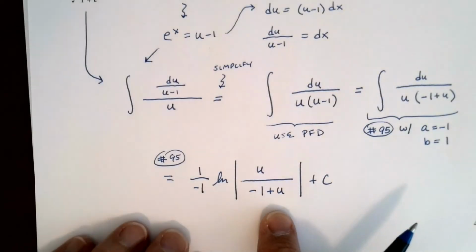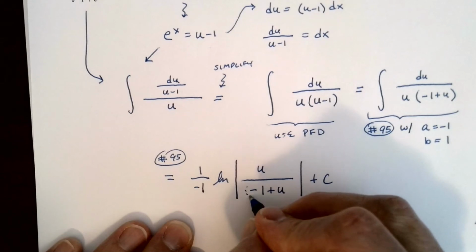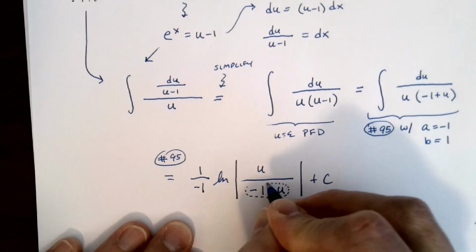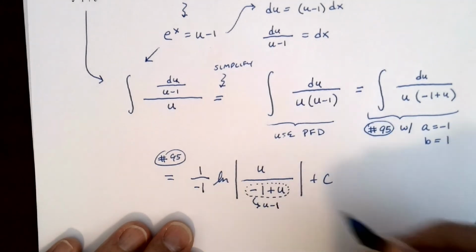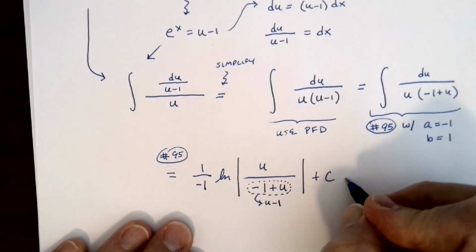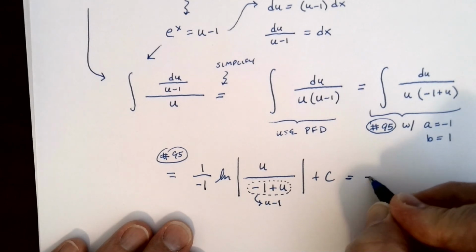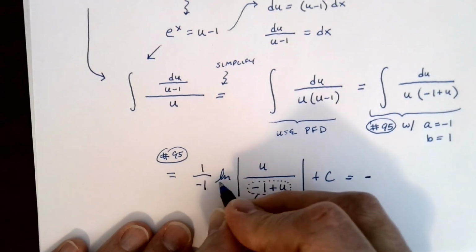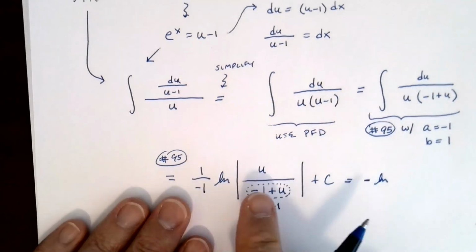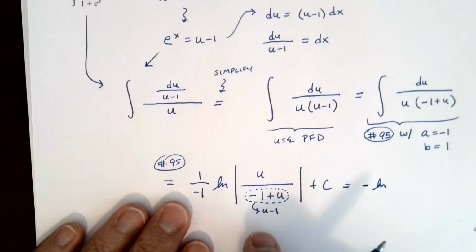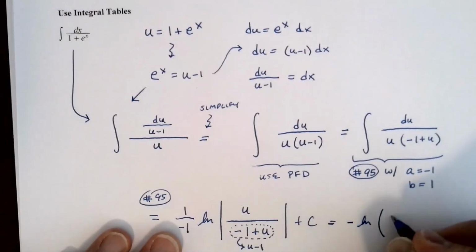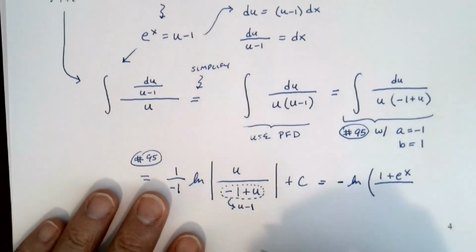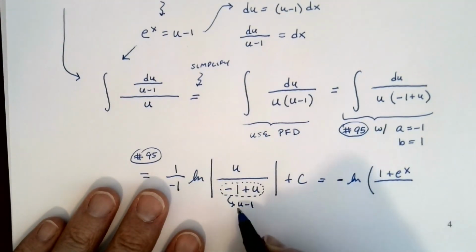Now, of course, I'm going to go back and write this as u minus 1, because I want to go back to the original variable, and notice what I have here. I have negative, 1 divided by negative 1, natural log, and u, what was u? 1 plus e to the x, divided by u minus 1.